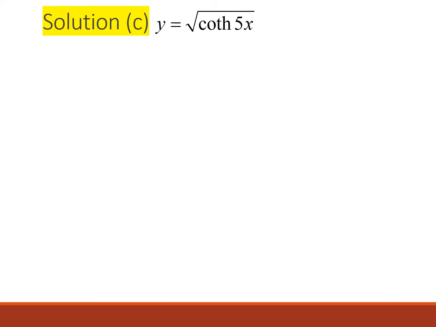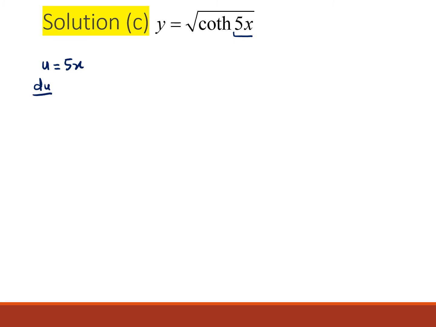So our last question is to find the derivative of square root of cotangent hyperbolic of 5x. So using the chain rule, we will have the first inside function, where we represent this as u equals 5x.